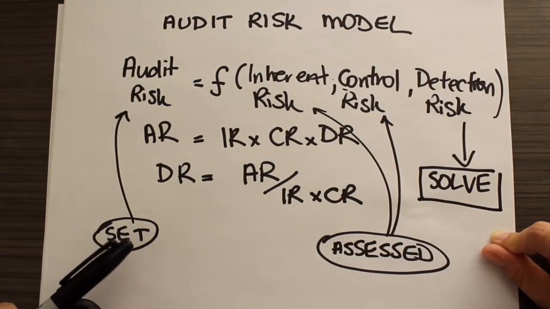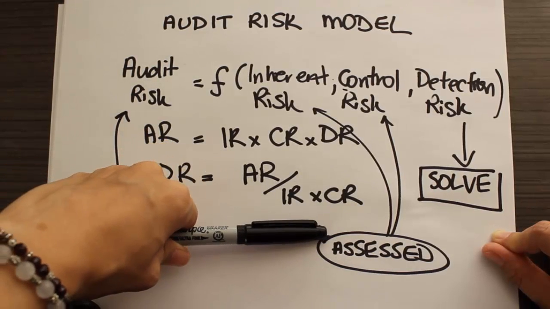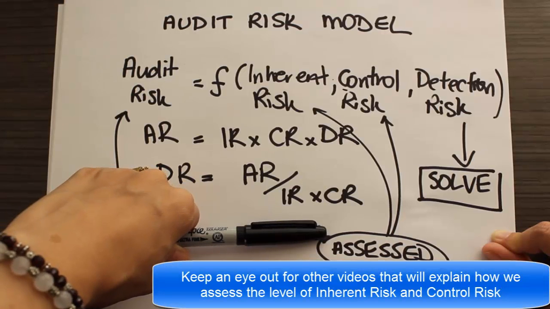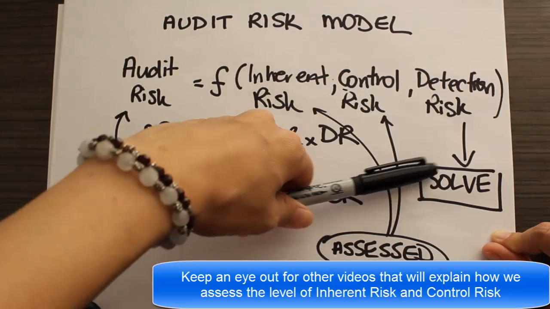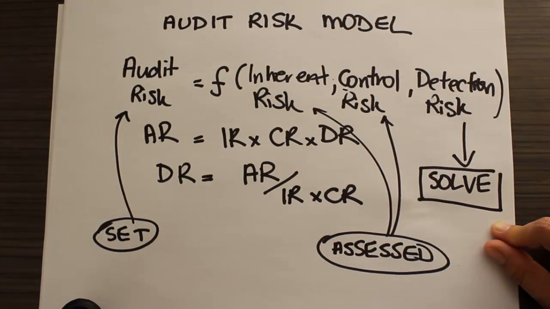Okay, so the audit partner gives us our level of audit risk. It's usually low risk of giving an incorrect opinion. And then the auditor needs to learn how to assess the inherent and control risk of the organisation. And then we solve for the level of detection risk.